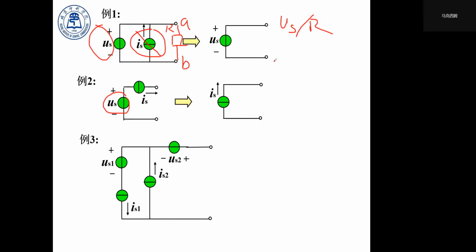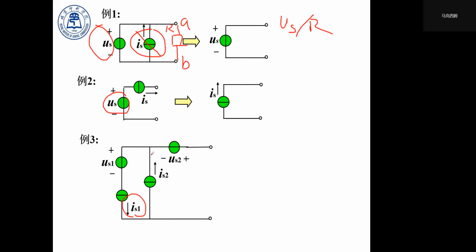So the third case: see if we have a circuit like this, part of the circuit like this. You can see that in this first loop, the current is always the same.